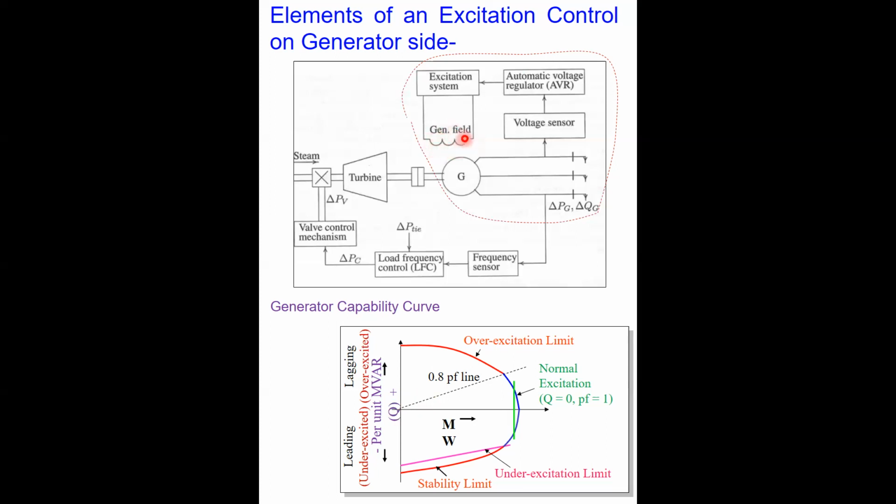So again it is limited. So we have a limit on the maximum value of field current here. We have a limit on the maximum value of stator current here. And thus we have a complete boundary defined for the operation of the generator. And this refers to the capability curve for the generator here.